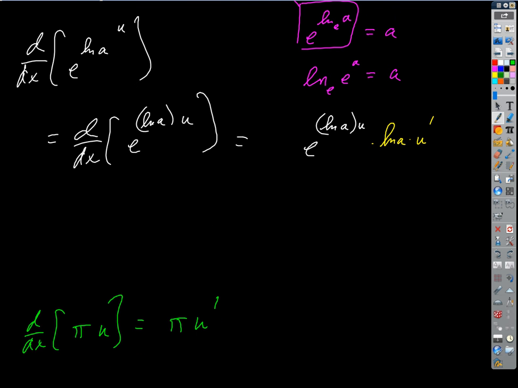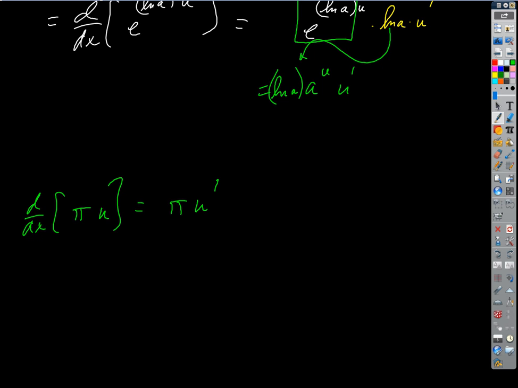So that's our answer, but what is this equal to? E to the log a is just a, right? So that's the same thing as saying a to the u times this answer. Well, let's put the log a, because that's a constant, out front. So there's our formula, right?